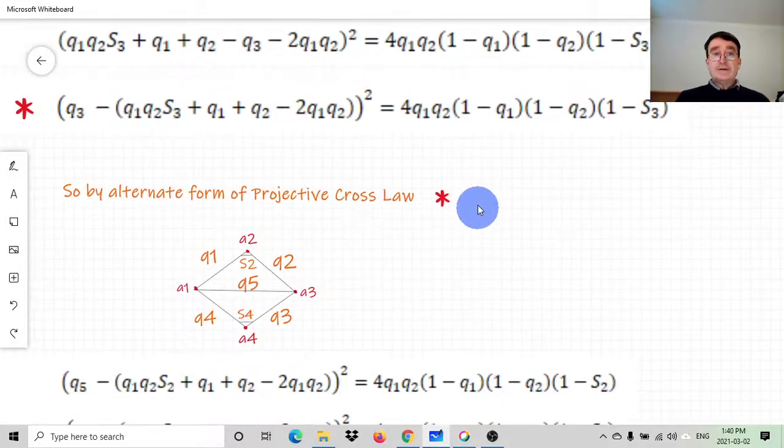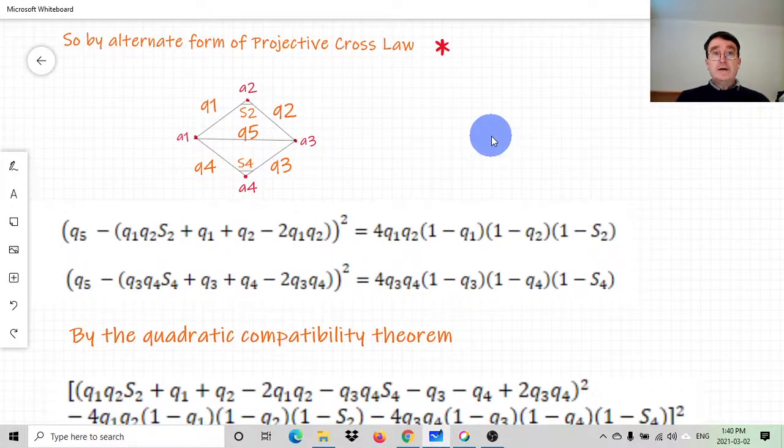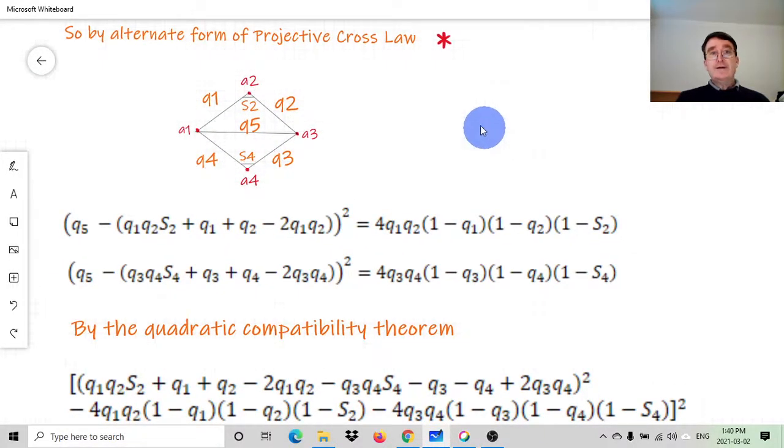So next, what we've done here is we have two projective triangles with a common edge, Q5, and when you combine these two projective triangles together, they form a quadrilateral.